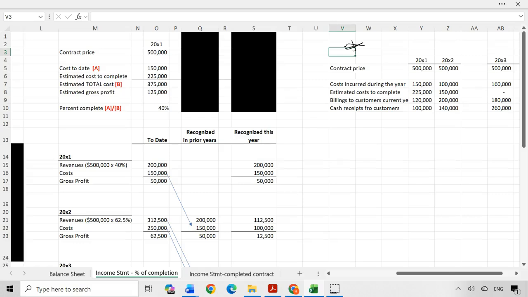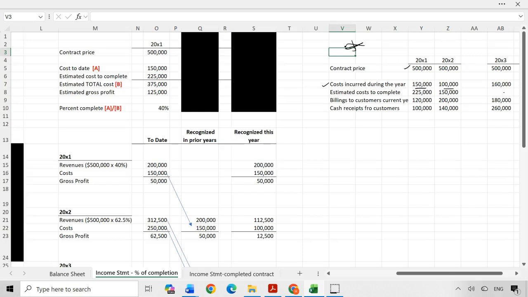So let's go through the income statement using the percentage of completion method, which means that the company will recognize revenue over the 3-year period as it incurs costs to complete that project. This is the information we're given in the problem. We're given the contract price is $500,000. We're given the cost incurred during each year.